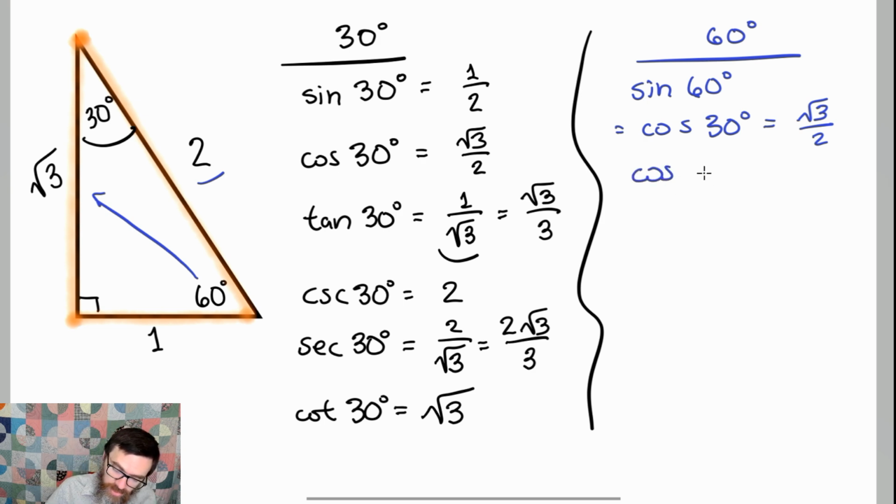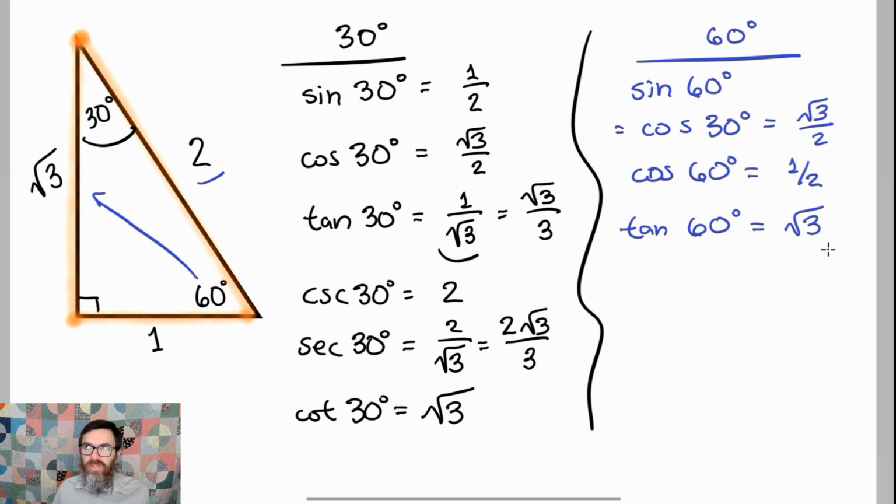If I want to do the cosine of 60 degrees, I just need to look at the sine of 30 degrees. So that's going to be 1/2. And if I want to do the tangent of 60 degrees, that should equal the cotangent of 30 degrees, so the square root of 3.